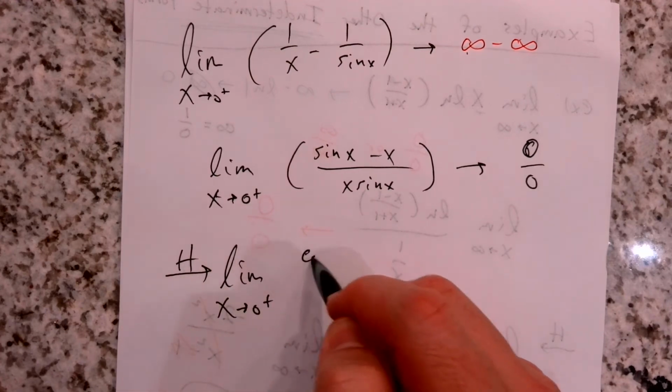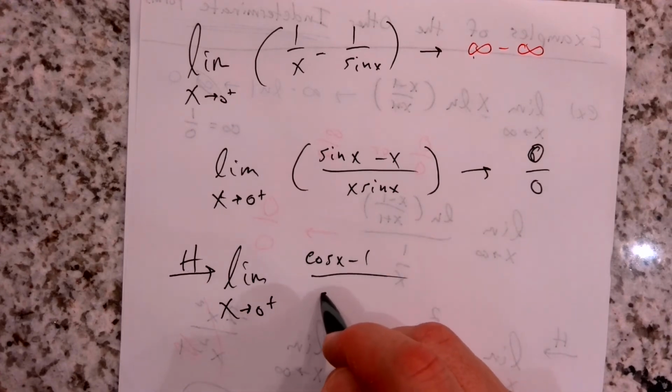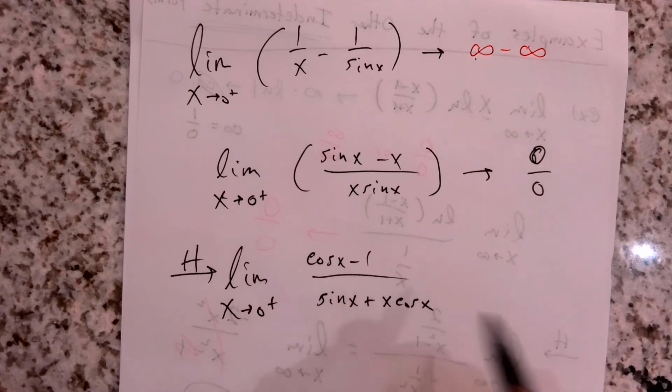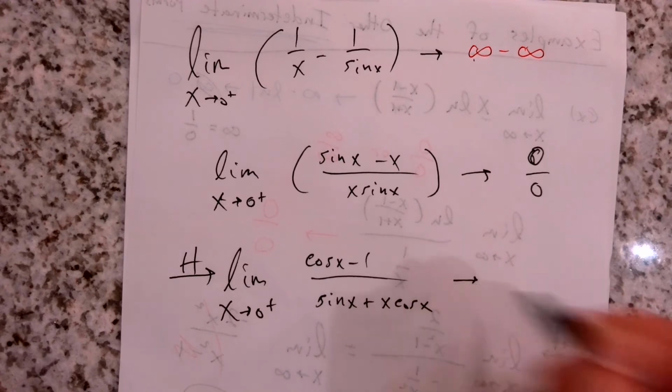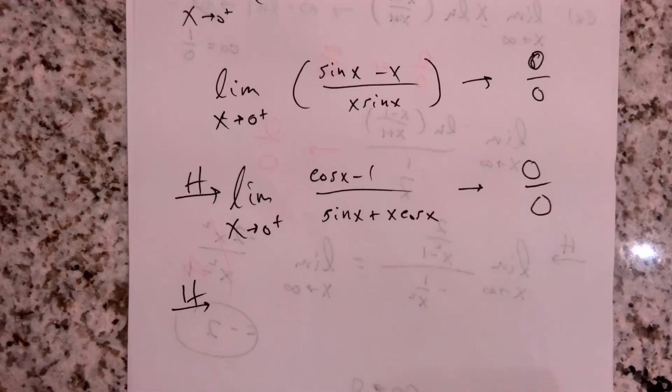The derivative of the top gives us cosine x minus 1. The derivative of the bottom gives us sine x plus x cosine x. When you plug 0 into this, we still get 0 on top, and on bottom we also get 0, but that's okay. We just do L'Hopital's rule again.